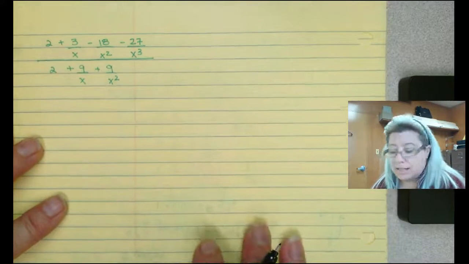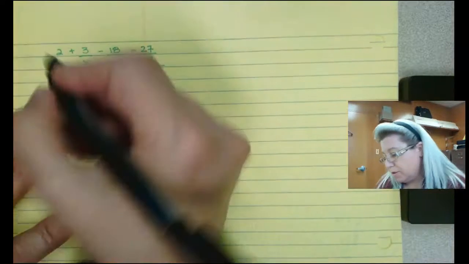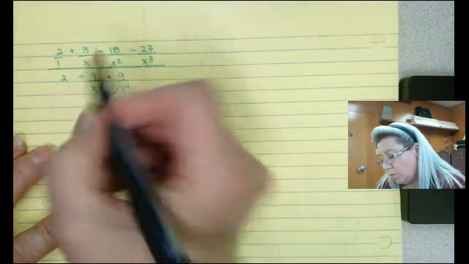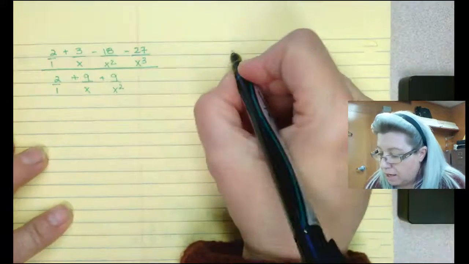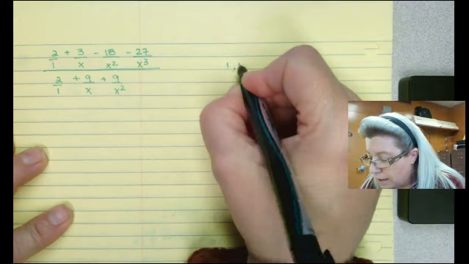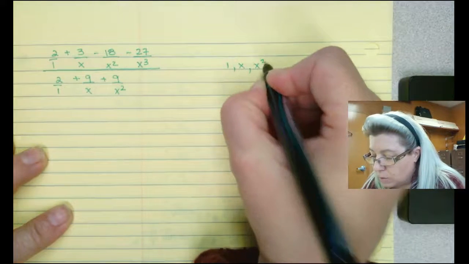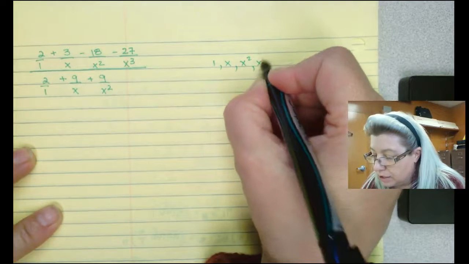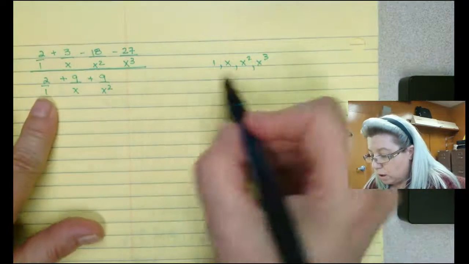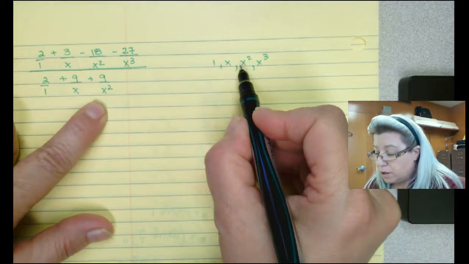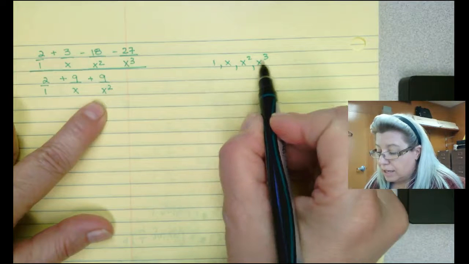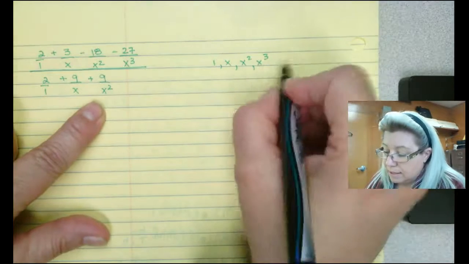So the first thing is, between all of the denominators, I'm just going to write the whole number over 1. I have a 1, x, x squared, x cubed, and I have a 1, an x, and an x squared for the bottom number. So out of 1, x, x squared, and x cubed, what is the LCD?